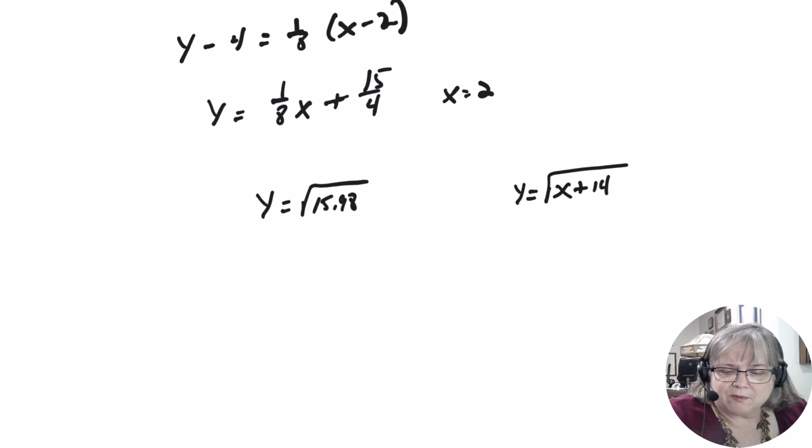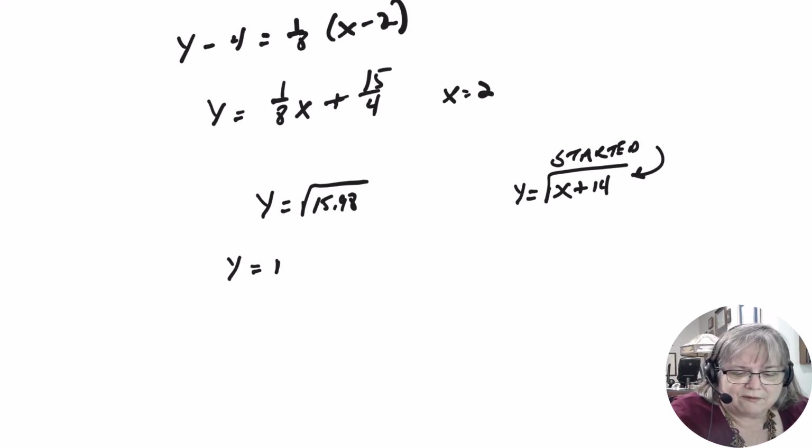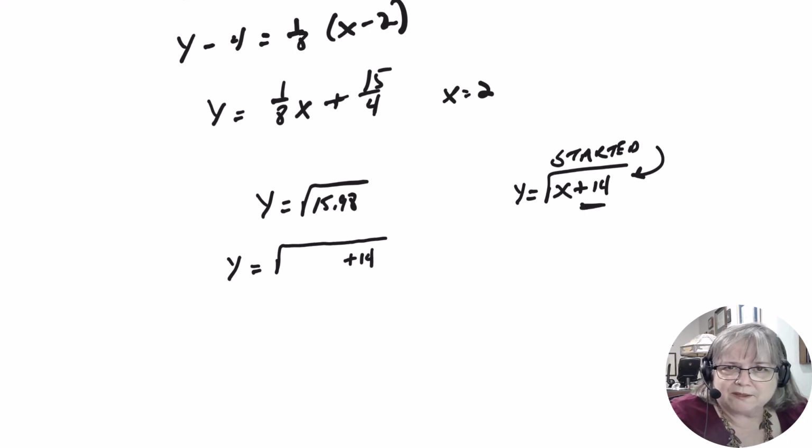Okay, so this is where we started. We found the linearization to this. And they are asking me about 15.98. And I need to make 15.98 look like x plus 14. Okay, so let's just take the 14 out. I'm looking for this pattern, some number plus 14.